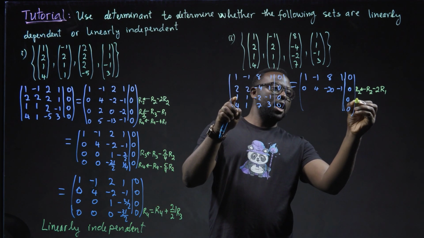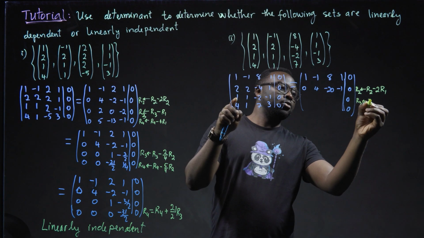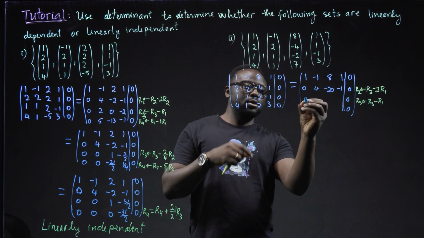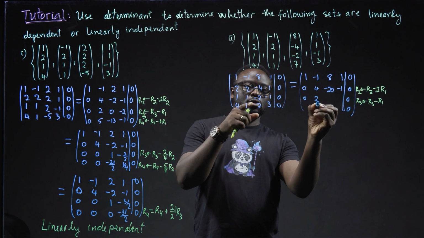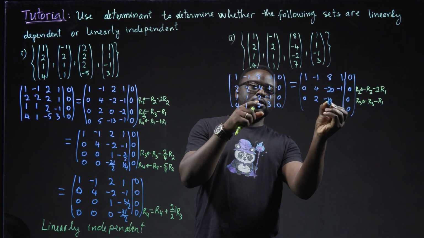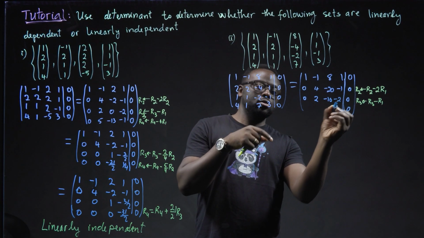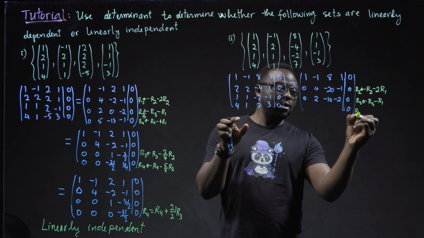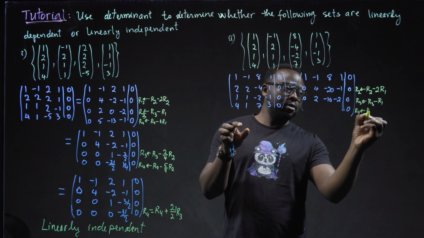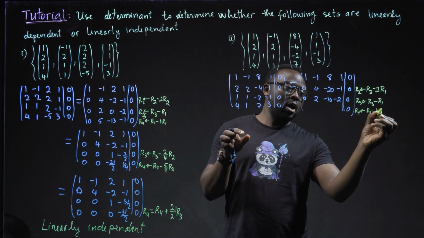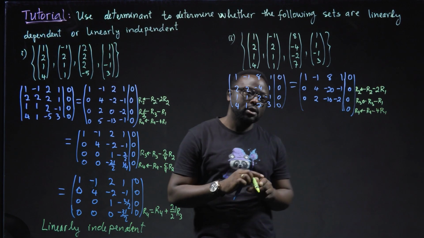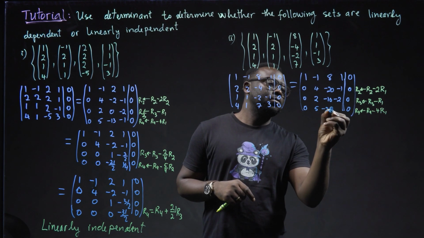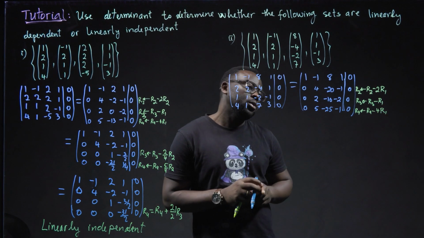So R3 will be R3 minus R1. If we do that, this minus this is 0, here is 2, this minus this is minus 10, this minus this is minus 2. And for the last one, I want this to be 0, so R4 has to be R4 minus 4R1, because we have 4 here. So doing so, we have 0, 5, minus 25, minus 1.